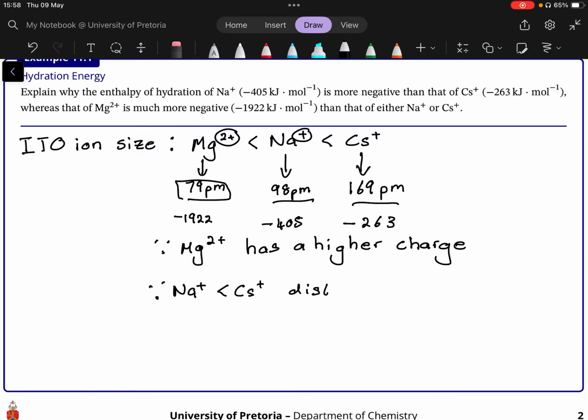Sodium is smaller than cesium, which means the distance between the water dipole and the charge is smaller.